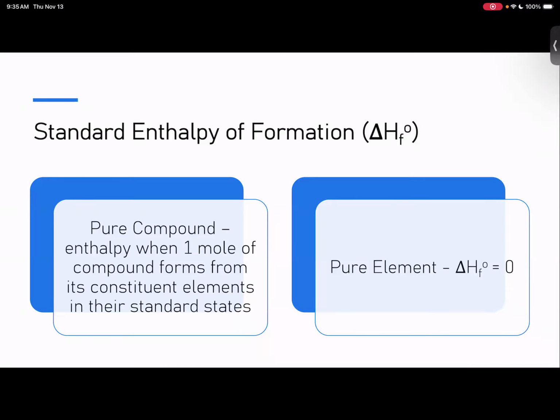Because we're talking about 1 mole of compound from the elements in their standard states, and the elements in their standard states is 0, what we're observing when we look at the enthalpy of formation for the compound is that compound's enthalpy of formation. So it's our way of deriving and determining enthalpies of formation.